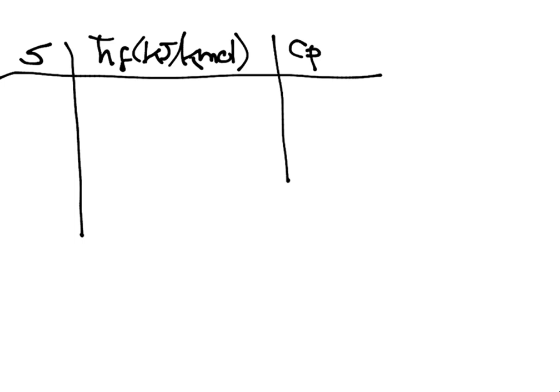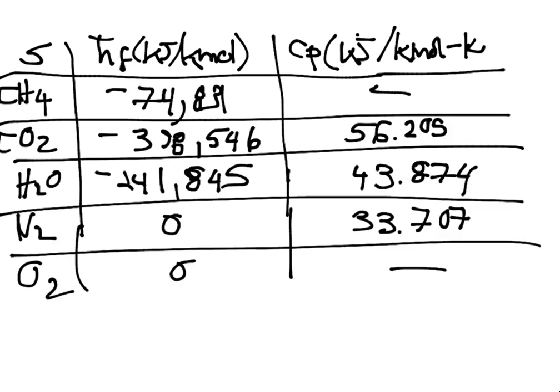All right, so I'm going to write up the values for our species. I'm going to write our heat of formation, which will be in kilojoules per kilomole, and then we have our Cp values in kilojoules per kilomole Kelvin. All right, so here are the values that come from the thermodynamics table.